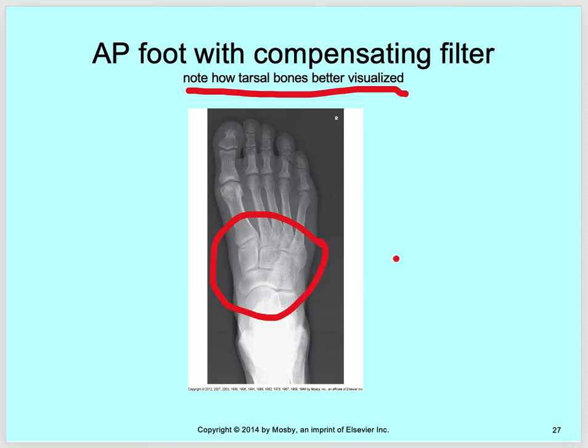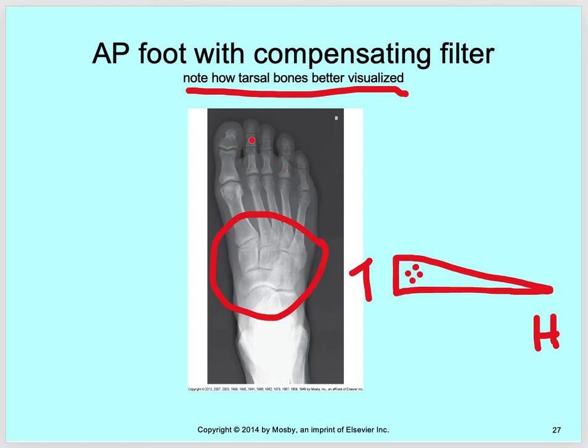So what's happening is you have a compensating filter, say that's wedged like this. So this is the toe side and this is the heel side. This is going to absorb more x-rays on the toe side because it's thinner.